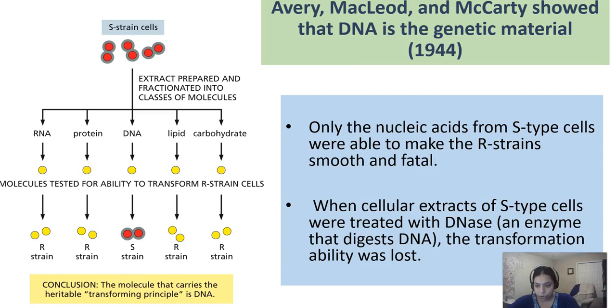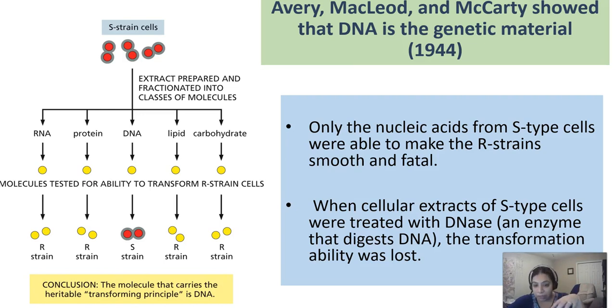And they checked it again. And this time, they were unable to transform the bacteria from R strain to the more fatal smooth strain. And this confirmed essentially that DNA was the transforming factor. That's the genetic material, and not the protein or RNA or any of the other components that they were looking at.